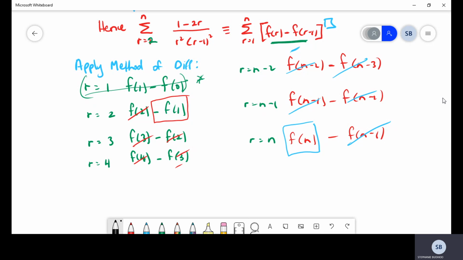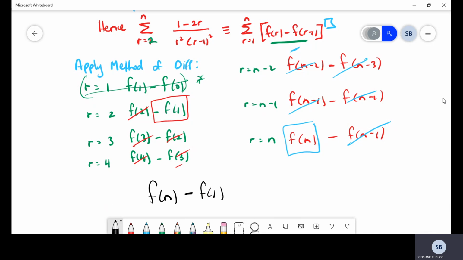Applying method of differences using that expanded sum form, the sum of that is simply equal to negative f of 1 plus f of n. If you had to rewrite this, you can write the f of n in front and remove that. Right?